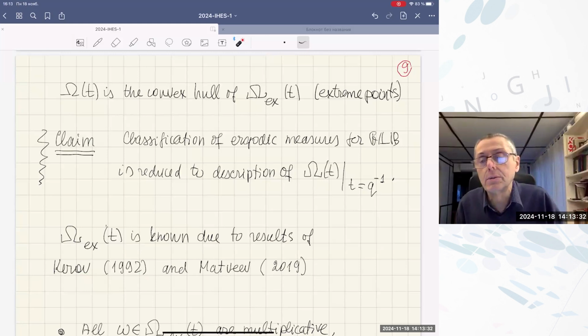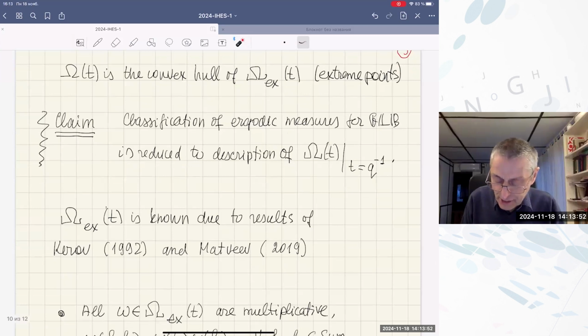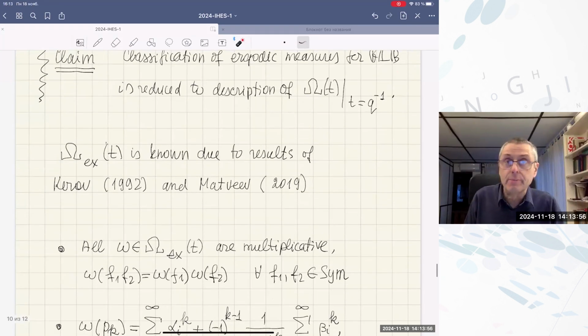He constructed all these functionals, but he could not prove that this is the whole set of extreme functionals. And this was done much later by Konstantin Matveev. A remarkable fact is that the extreme functionals are multiplicative.